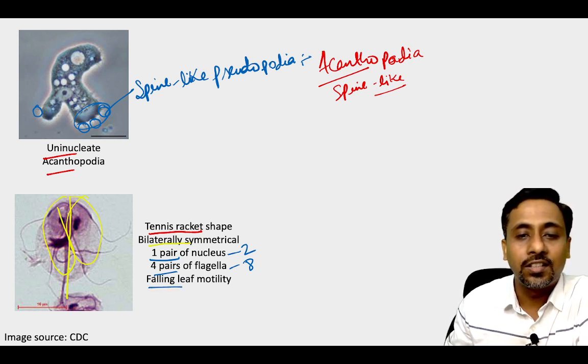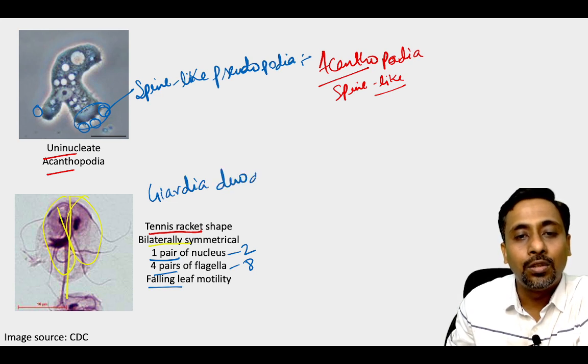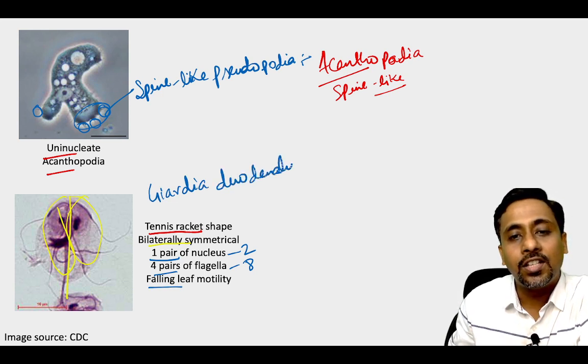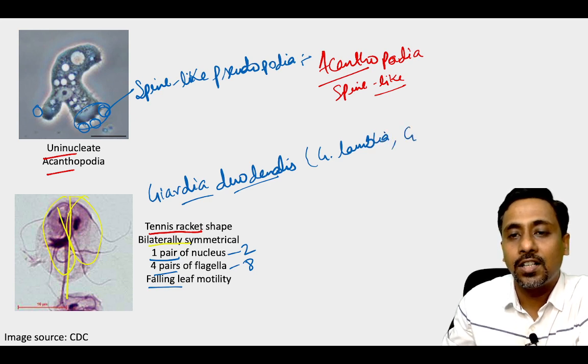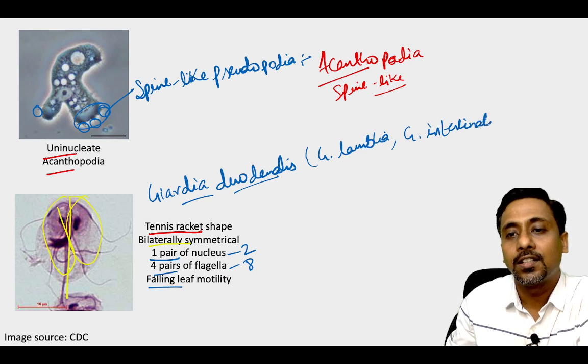So what is this? This is a trophozoite of Giardia duodenalis. This Giardia duodenalis is also known as Giardia lamblia and Giardia intestinalis.